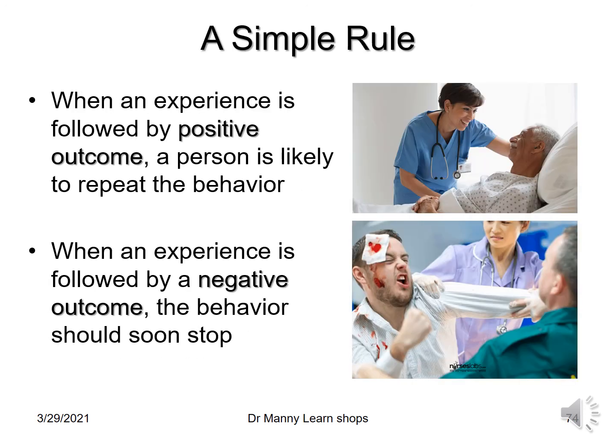A simple rule that I suggest you remember is when your experience is followed by a positive outcome, a person is likely to repeat that behaviour. When an experience is followed by a negative outcome, the behaviour should soon stop.